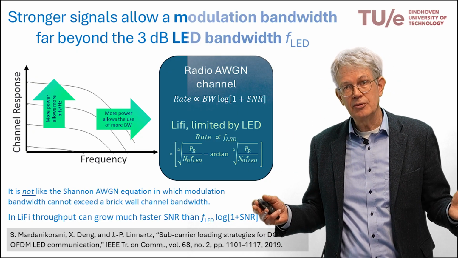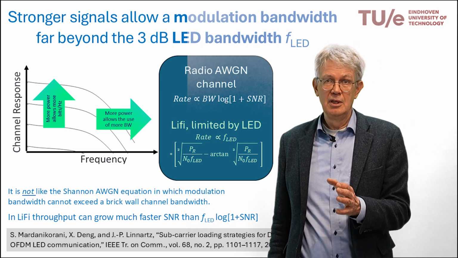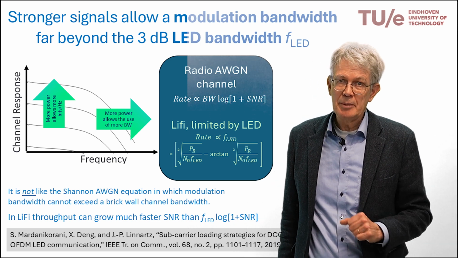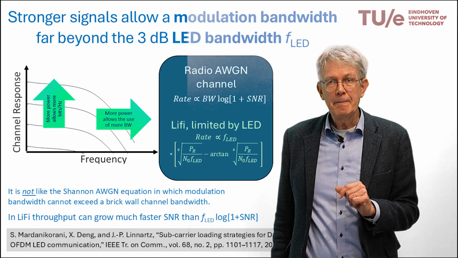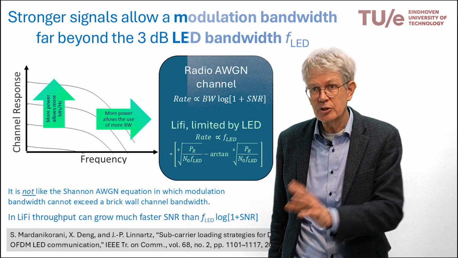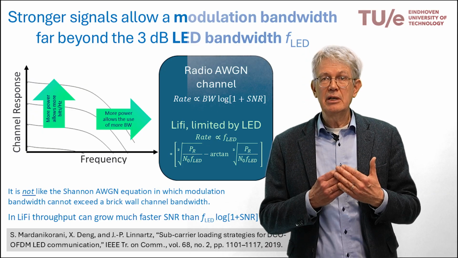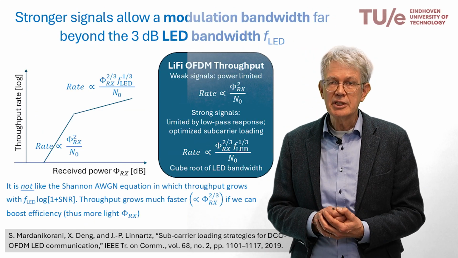And you can still achieve a lot of throughput at these higher frequencies. So, if you read some of our papers where we go into this in more detail, the throughput of OFDM is dependent on the bandwidth of the LED and on the signal to noise ratio, but they are at least equally important.